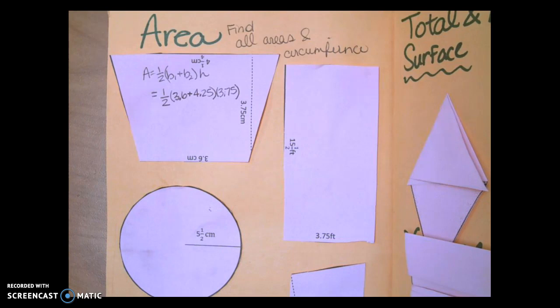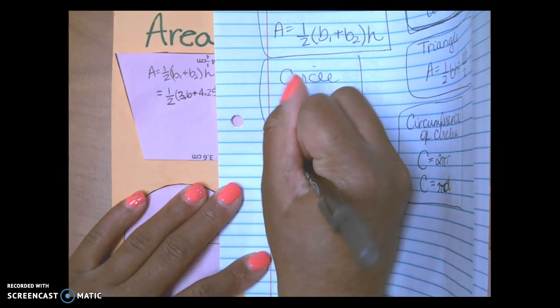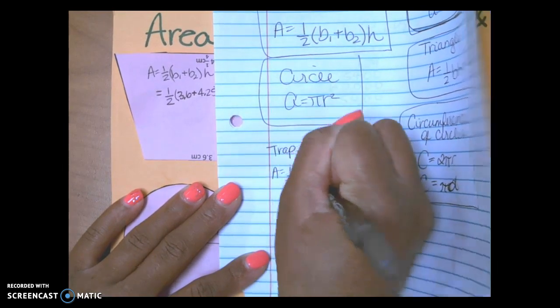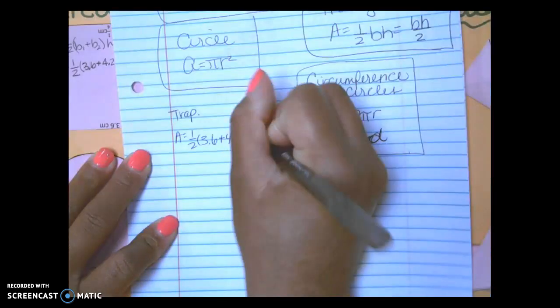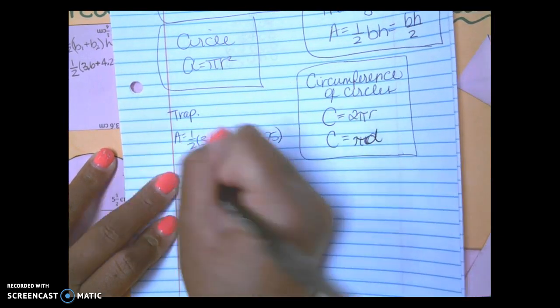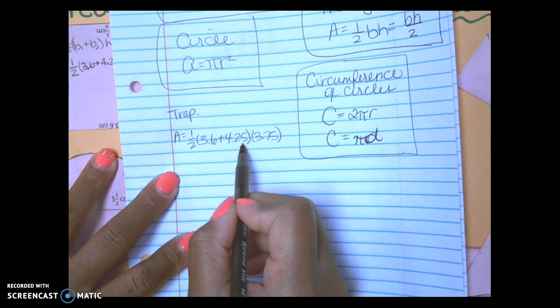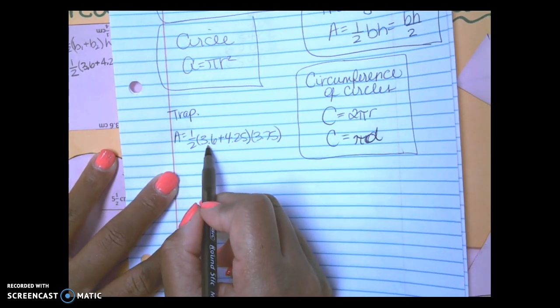Okay, let's do some math. My trapezoid, A equals 1/2 times 3.6 plus 4 1/4 times 3 3/4. I'm saying all these numbers so many different ways. 3.6 plus 4.25. Is this $3.06 or $3.60? $3.60.